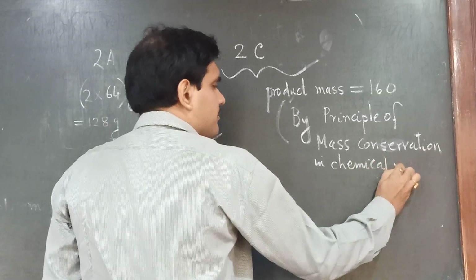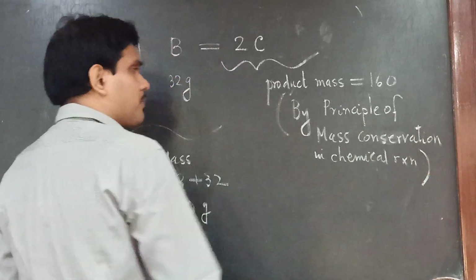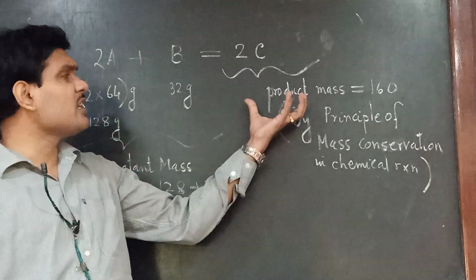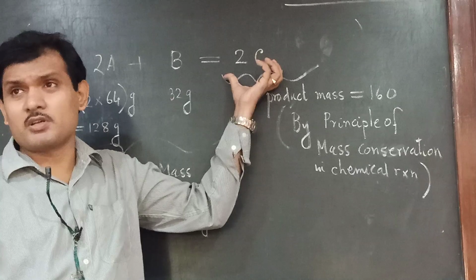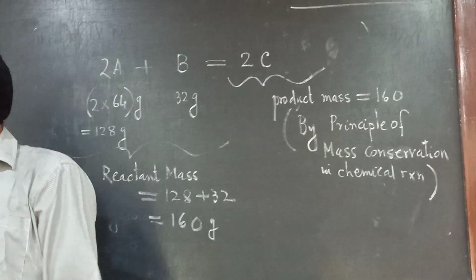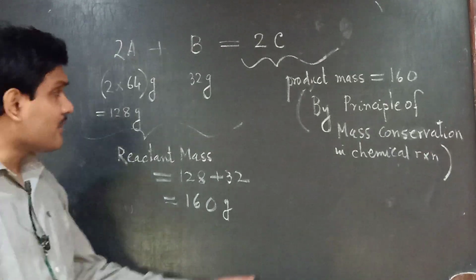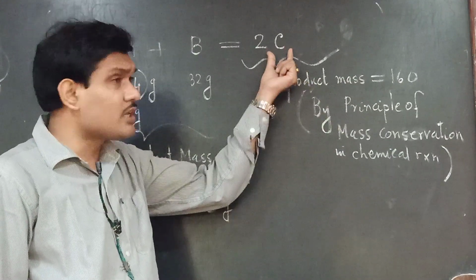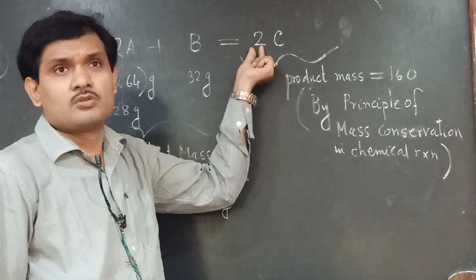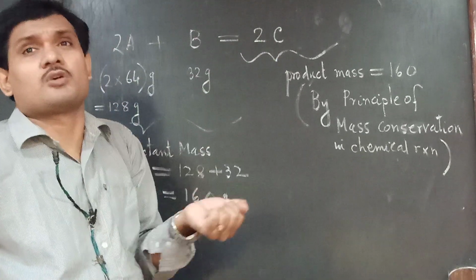It is a very good problem. So think how much of C is produced. The total amount of C will be 160. Now before C we have the coefficient 2. So what will be the molar mass of C?